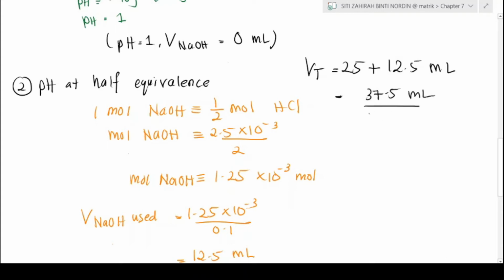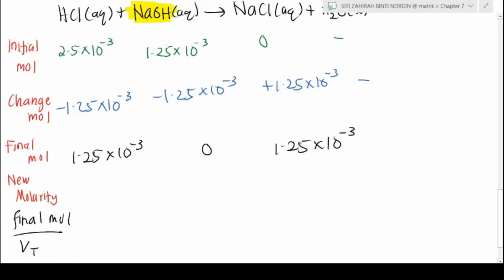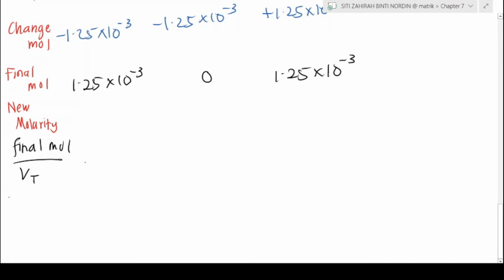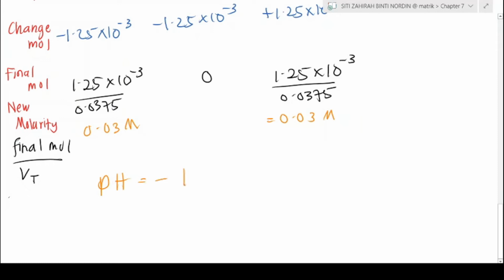Okay, remember to convert it to liter, so it would be 0.0375 liter, because we want to use this to find the new molarity. So our new molarity would be 0.03 molar and 0.03 molar. Okay class, this is not a buffer solution, right? So the formula to find the pH is still the same, negative log H plus.